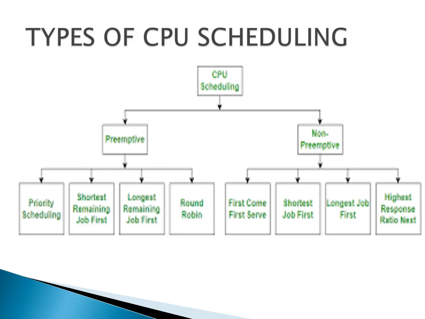And under preemptive, there are some divisions: shortest remaining time first, priority scheduling, round robin methodology, and longest remaining time first.